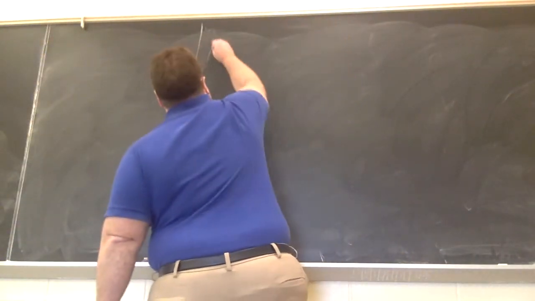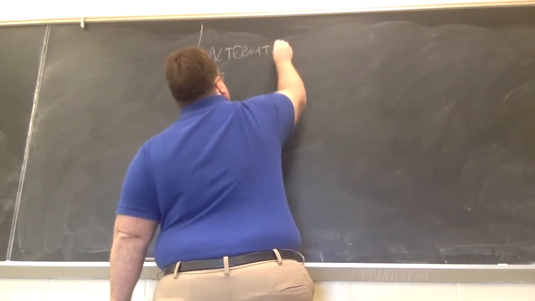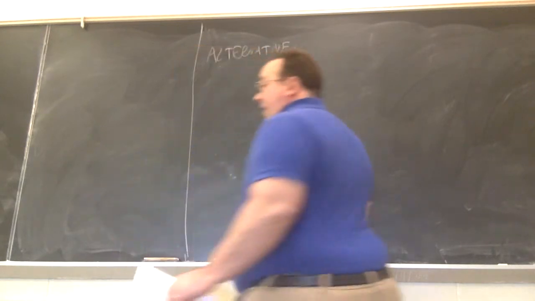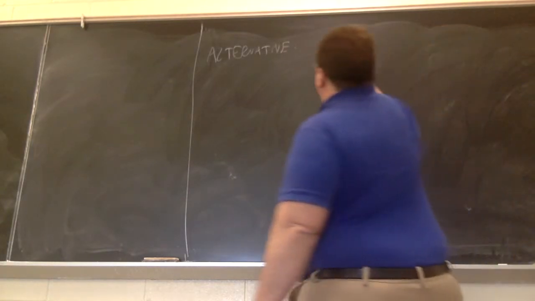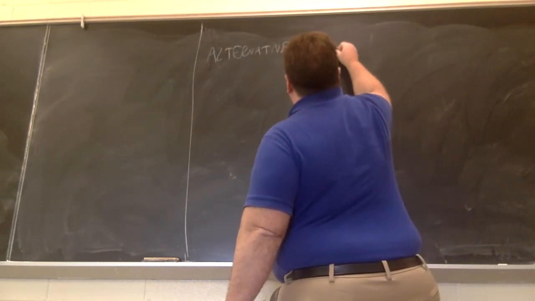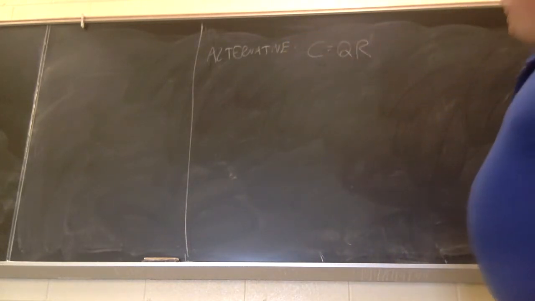All right, so alternative approach. Instead of computing the QR factorization of A, and actually that was a thin QR factorization of A, we're going to compute the full QR factorization of C, the constraint matrix.